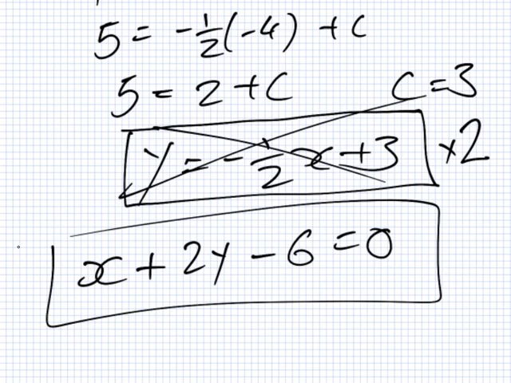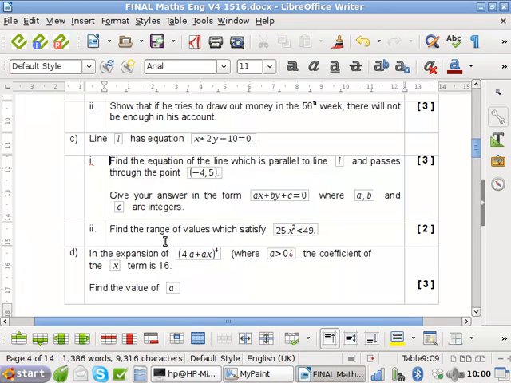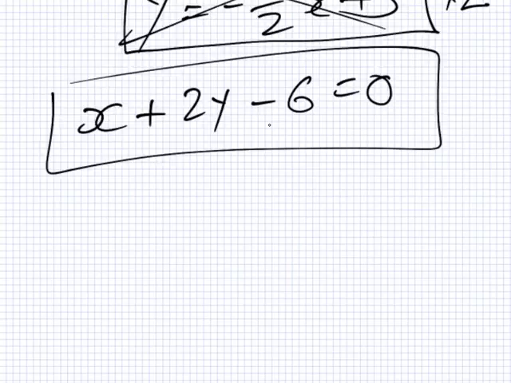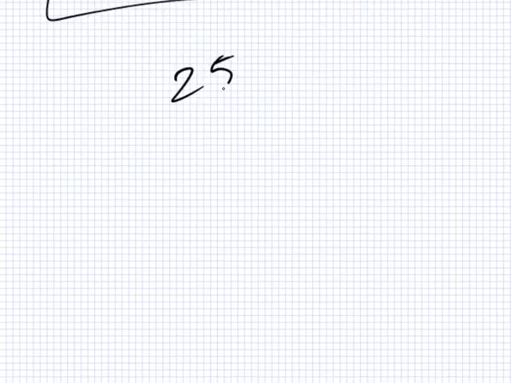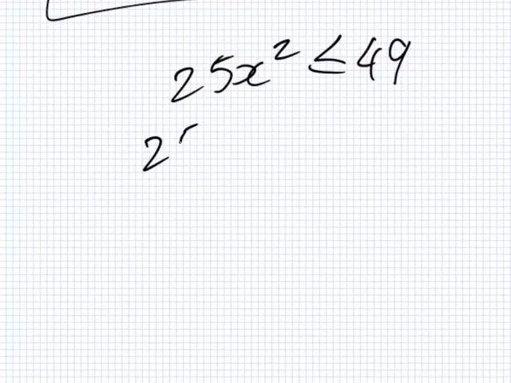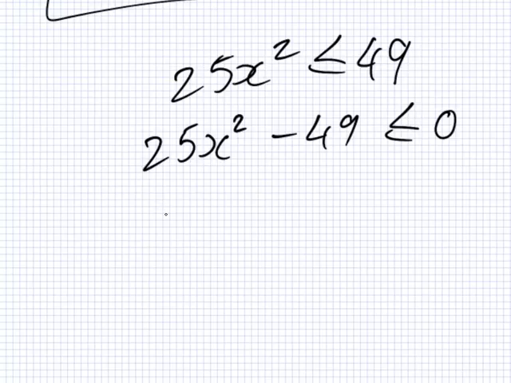Okay, next. Solve 25x squared less than 49. So that means 25x squared minus 49 less than 0.